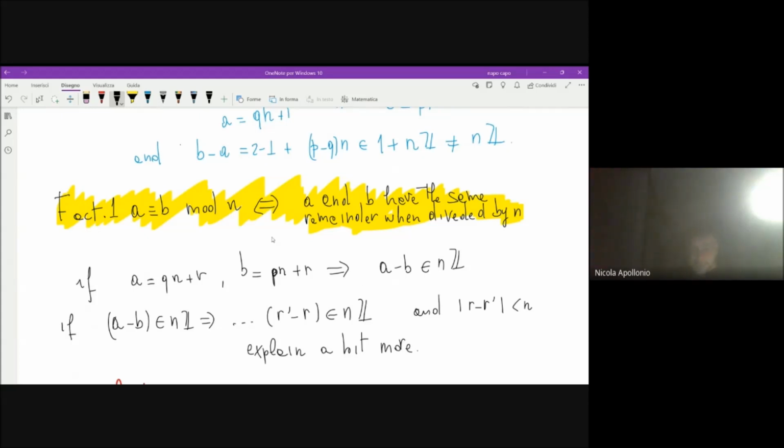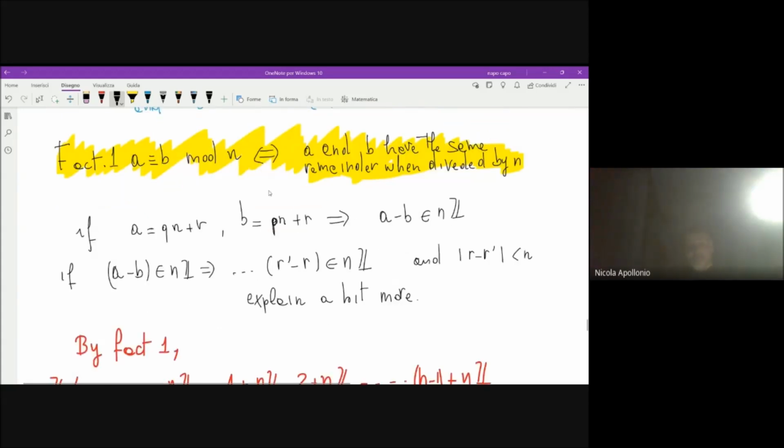Let us convince ourselves that this is true, and suppose that A and B, when divided by n, give the same remainders. So there are q and p such that A is equal to q times n plus r, and B is equal to p times n plus r.